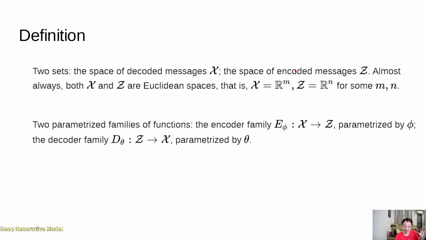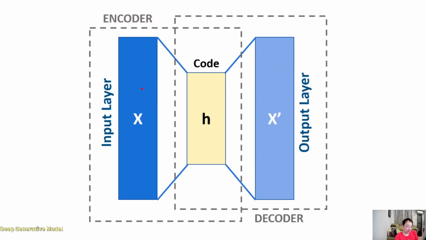That is, it has an encoder and a decoder, and the output space of the encoder is the input space of the decoder, and the output space of the decoder is the input space of the encoder.